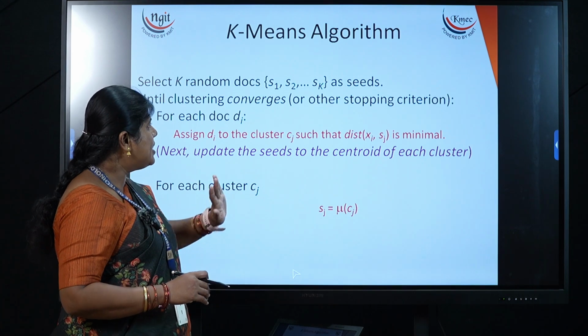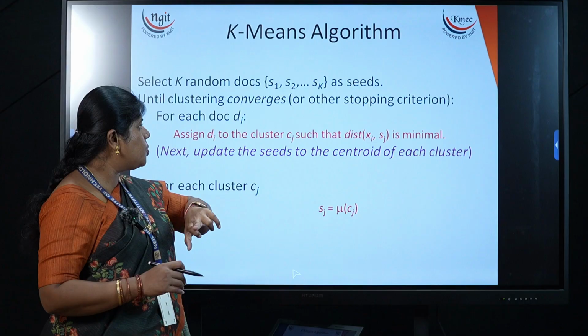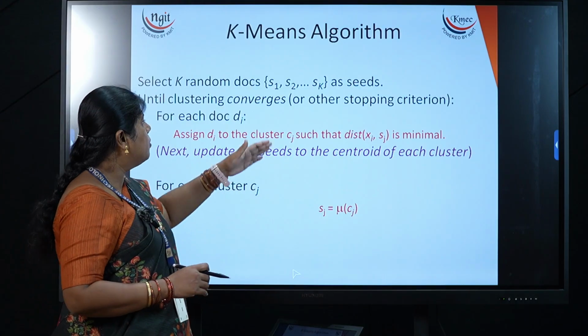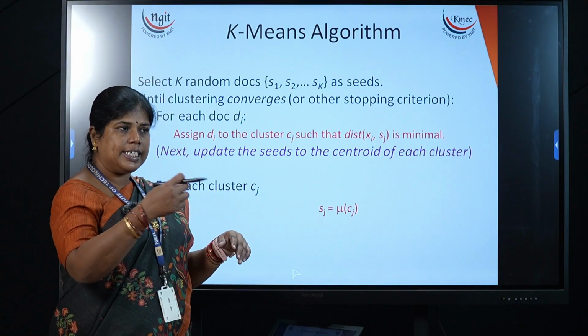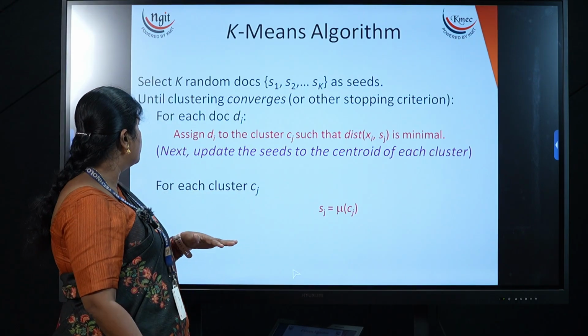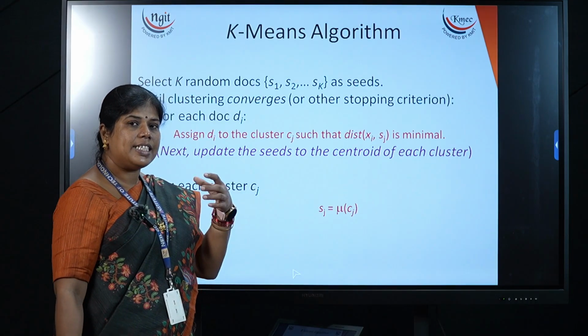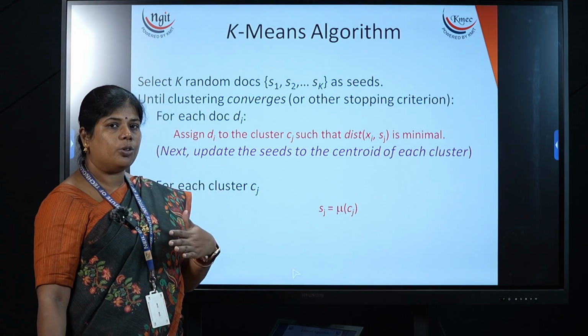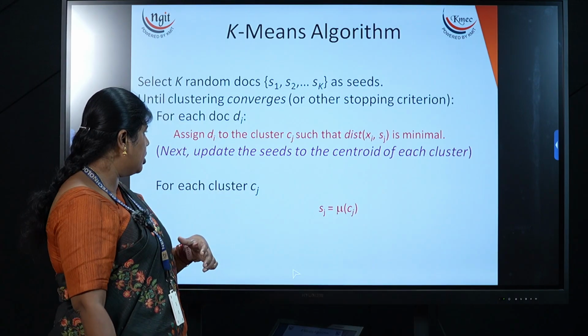As I have a capital K number of clusters, I want seeds S1 to Sk. First I have to decide a seed randomly for each cluster. Then my target is to turn each seed into a centroid, so that it is an optimal clustering algorithm.